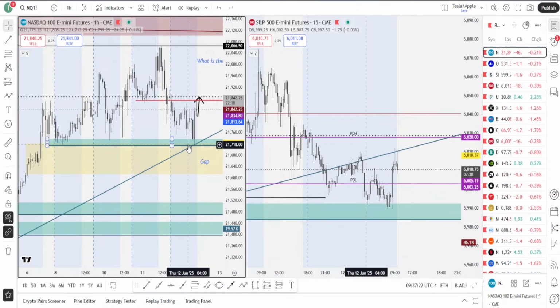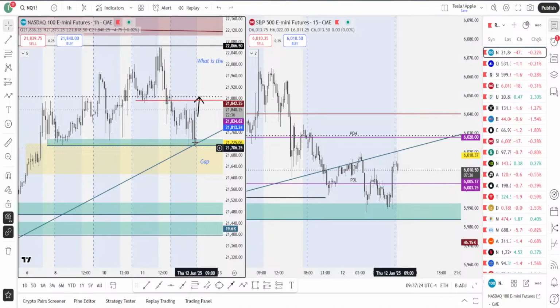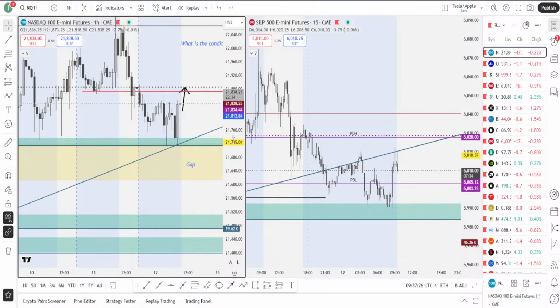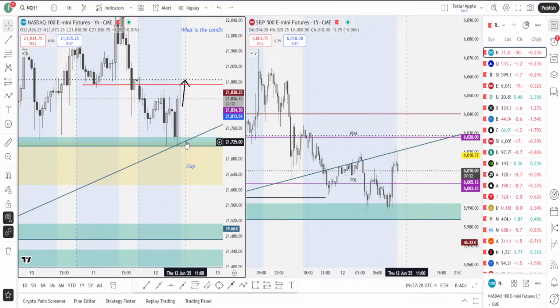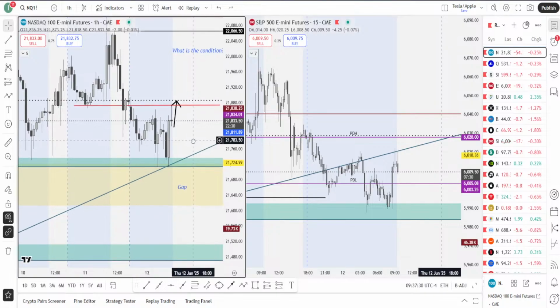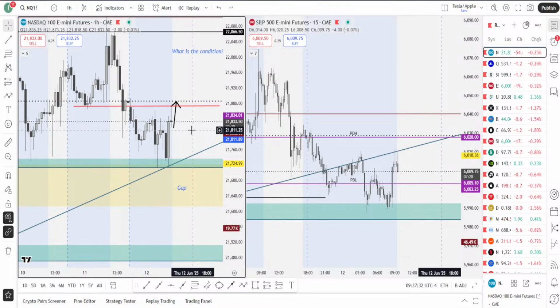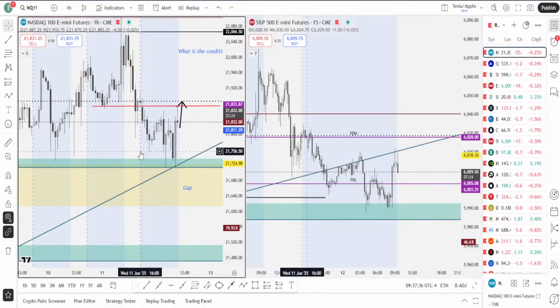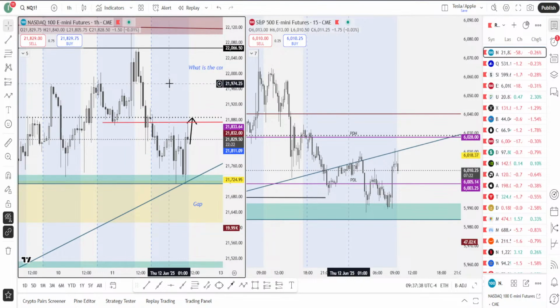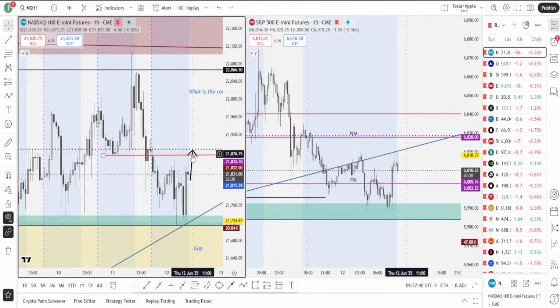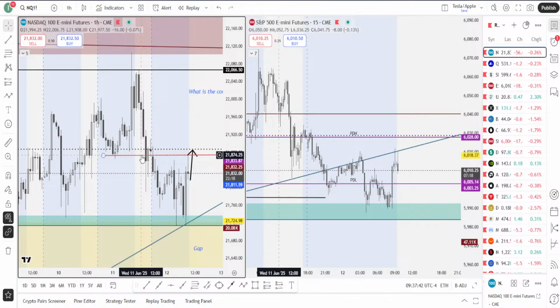We had a retest of this low, and then now it looks like it's reversing. So let's try to see if we can find our channel going lower.